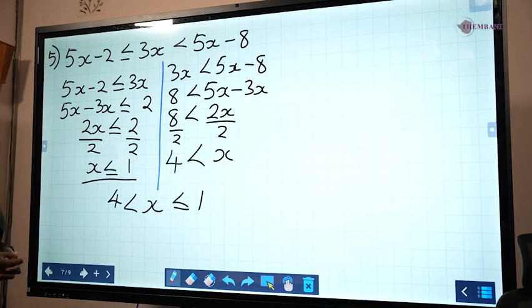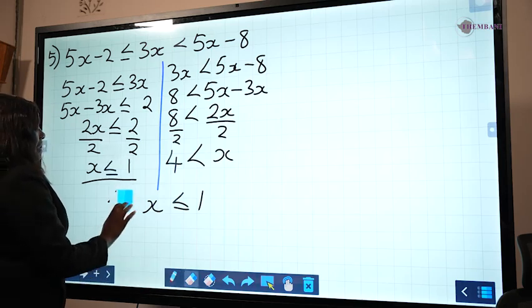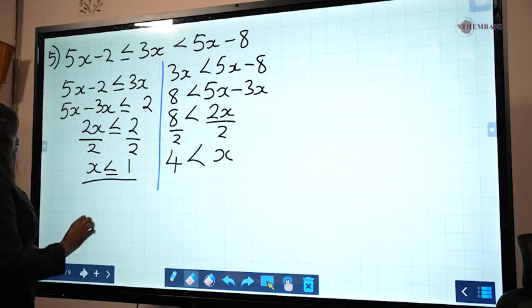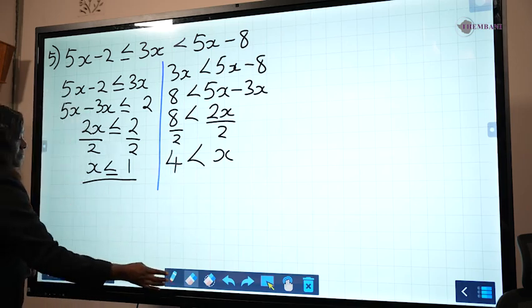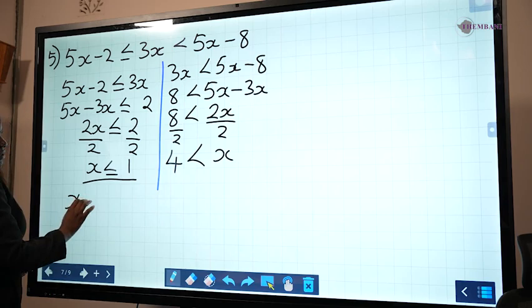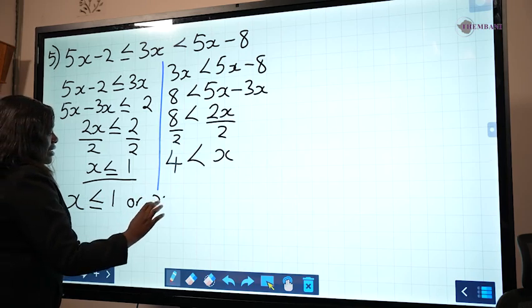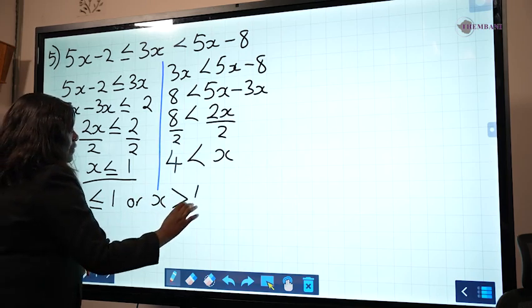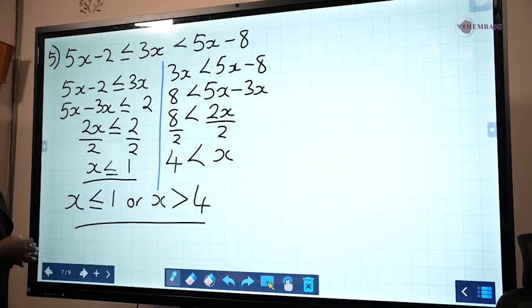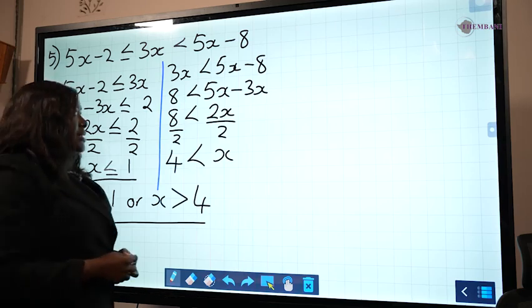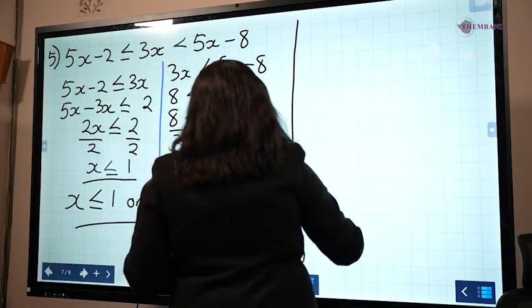So because it doesn't make sense, it means we are separating our solutions. Our solution will be x is less than or equal to 1, or x is greater than 4. This is our solution. Then we want to represent this solution on a number line.